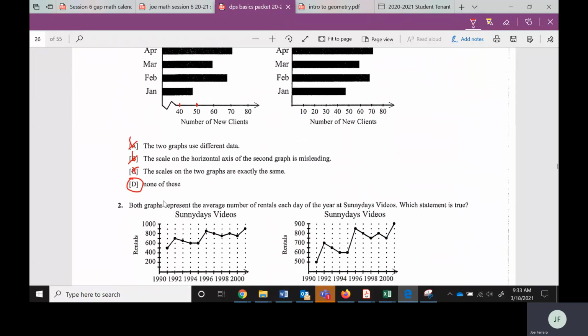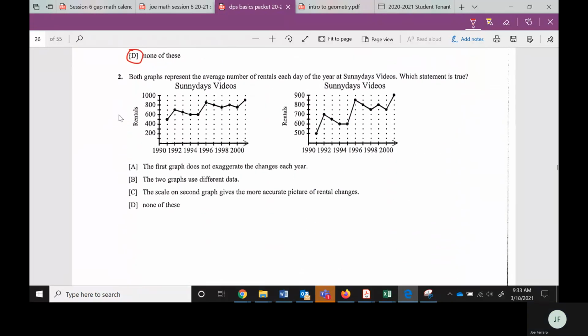Okay. Let's look at number 2. Both graphs represent average number of rentals each day at Sunny Day Videos. Which statement is true? So again, if you look, the difference here is, even though they're writing every 200, they go up by 100. So that's 100 there, 200, 300, 400, 500, and so on. Here, they're going up by 50s.